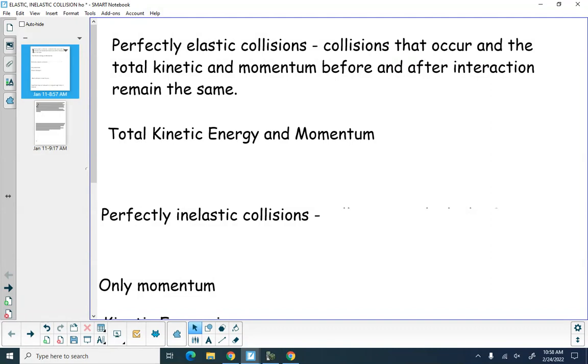When you're talking about a perfectly elastic collision, your momentum and your kinetic energy prior to interaction will be the same as your momentum and kinetic energy after interaction.